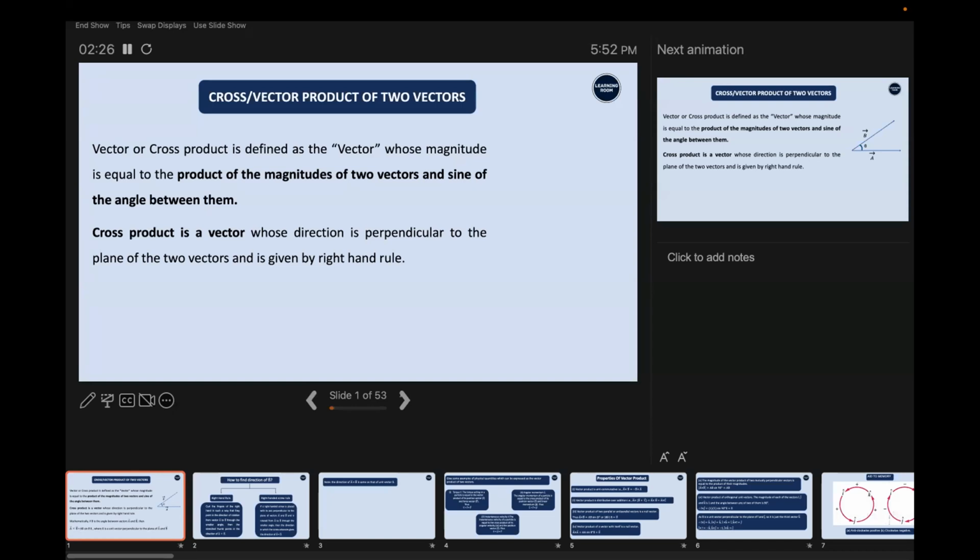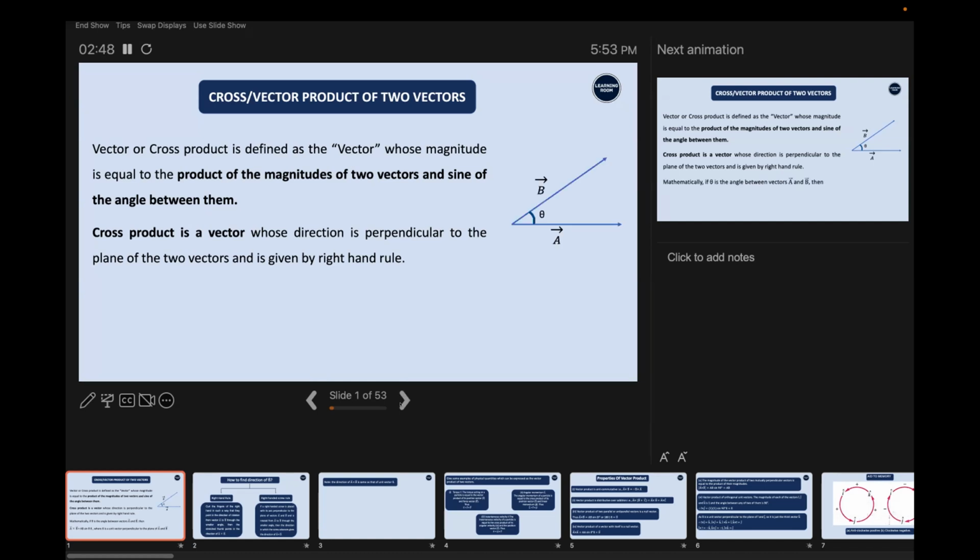Cross product is a vector whose direction is perpendicular to the plane of two vectors and is given by a rule called the right hand rule, for which first let's see how the diagram is going to look like. The diagram will look something like this.